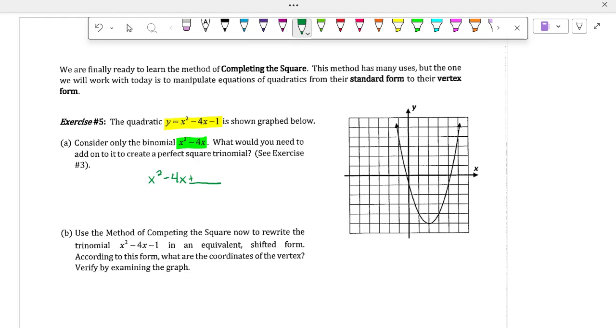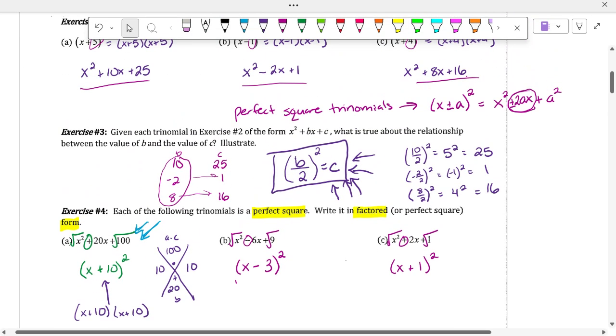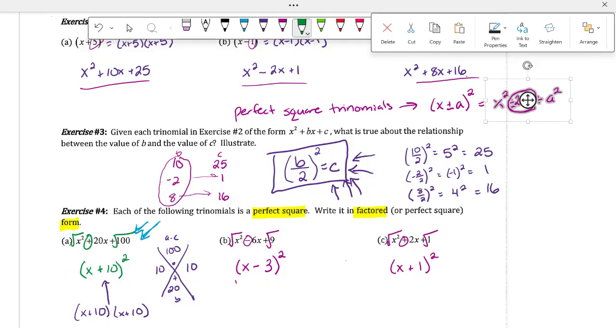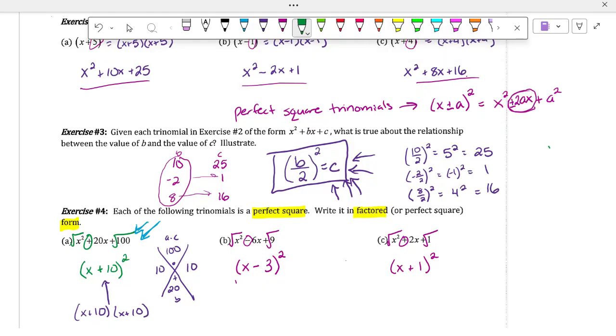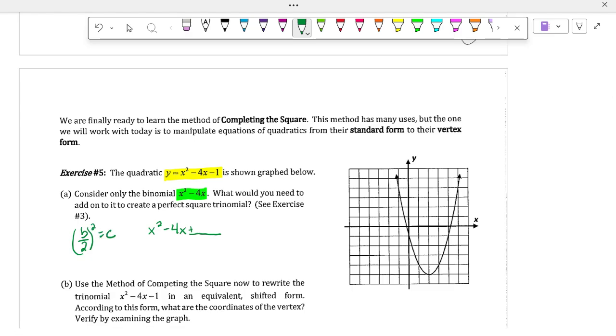You could use algebra tiles, but if you don't have algebra tiles, this is where exercise 3 comes in handy, because we know that the b value of our trinomial is related to our c value if we divide it by 2 and then square it. So that's how we find it. We would take our b value, divide it by 2, and then square it, and that will give us our new c value. So I'm going to do that. So my b value is negative 4. So I'm going to do negative 4 divided by 2 squared.